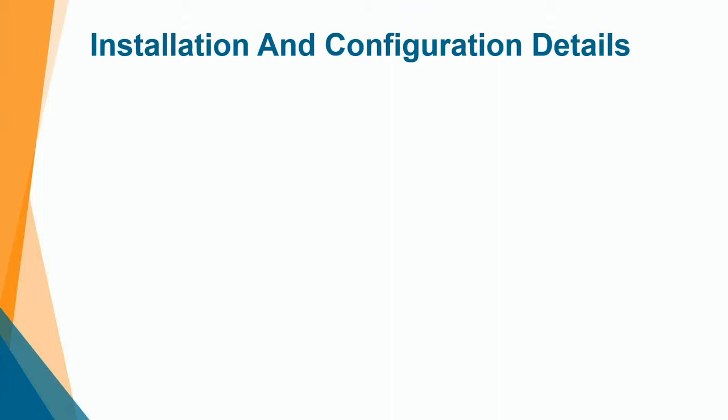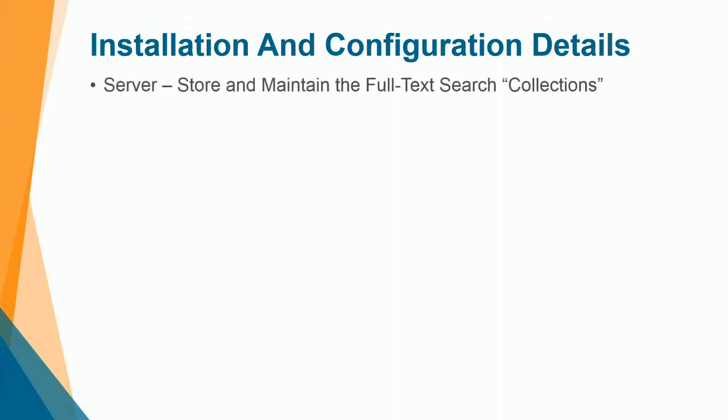So everybody on this GoToWebinar should have OnBase. So I like to talk about some of the components that are needed to actually install and configure the solution. This is a great one because there is a server-side component to this. I'm not going to get into all the details here, but we are going to have to allocate at least a virtual machine or a physical machine for this full text search server.